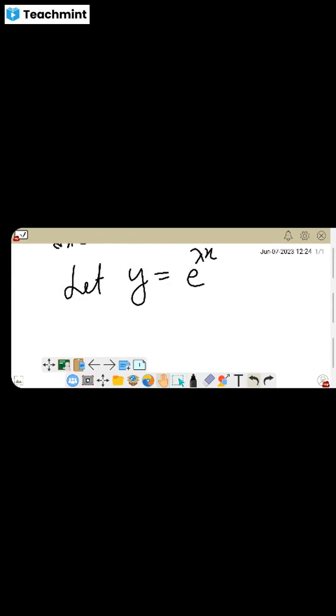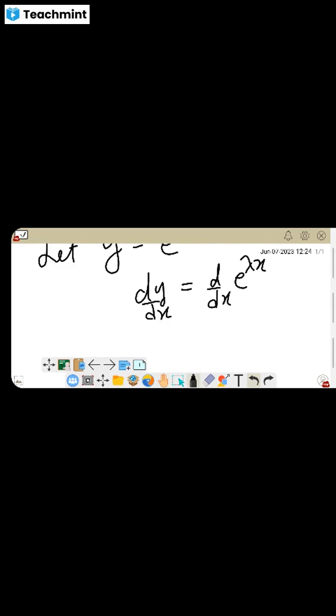Now let us find the first order derivative. The differentiation of e to the power lambda x is e to the power lambda x, and we also differentiate the exponent by chain rule.